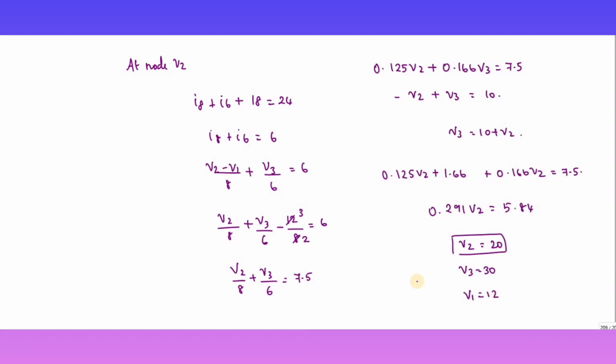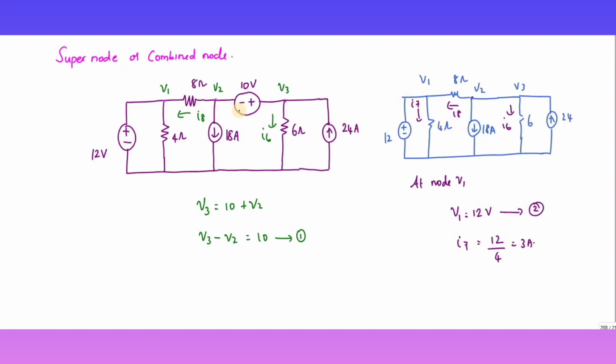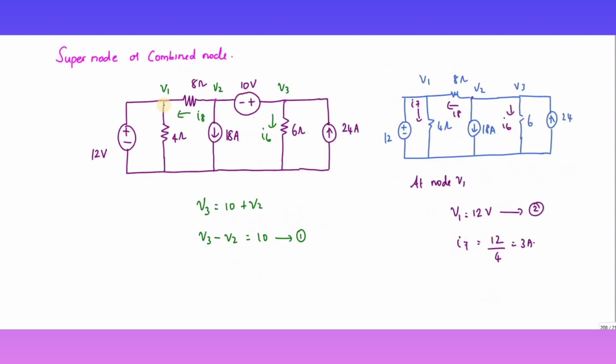Now we need to find the power delivered and power absorbed by each source. What are the resistances? R1 is 4, 8 and 6.